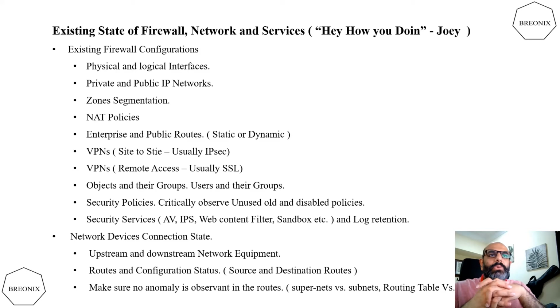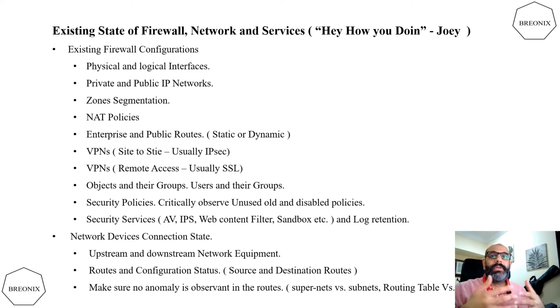So when you're done with the firewall, you have to see your upstream and downstream devices, how they are connecting to the firewall. If you are on the north-south segment, you will have an internet router over there. You might not have it as well. Your firewall might be terminating to the ISPs directly.